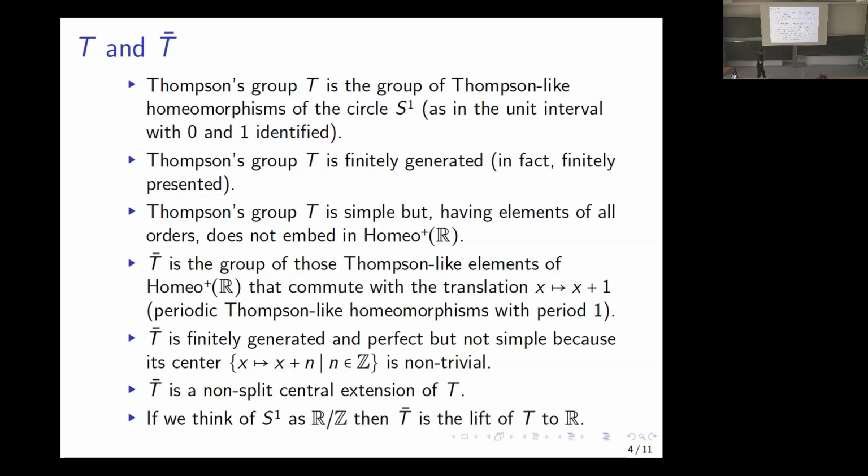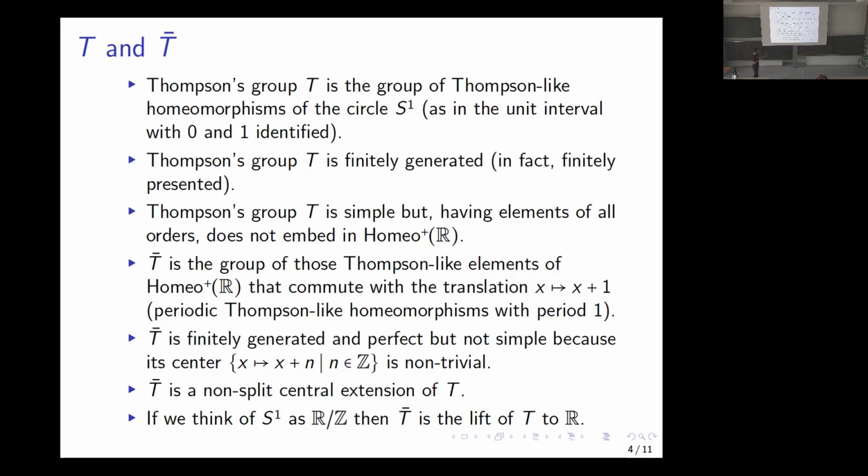And what do I mean by think of it as the lift of T? So we just take all the homeomorphisms of the real line that commute with x goes to x plus 1, not even the Thompson-like ones, just all of them, the periodic ones. And this has a homomorphism to Homeo of the circle, where if your original homeomorphism sends real number x to real number y, then its image under this homomorphism should send x mod 1 to y mod 1. Okay? And exactly this commuting with x goes to x plus 1 makes that well defined.